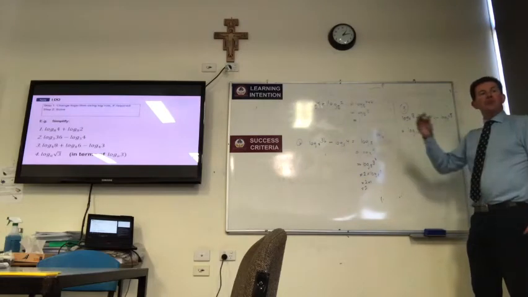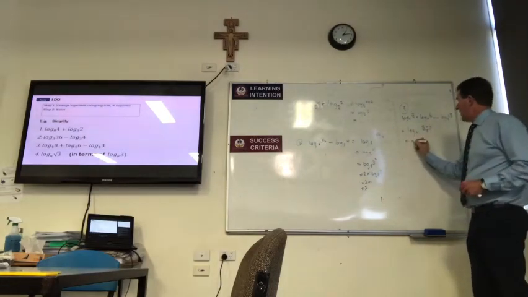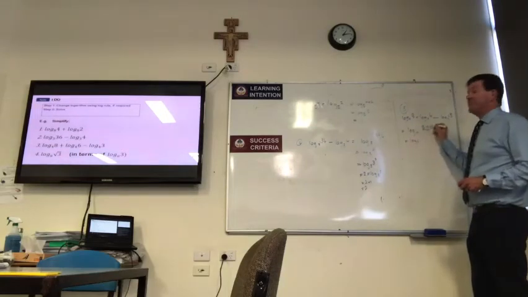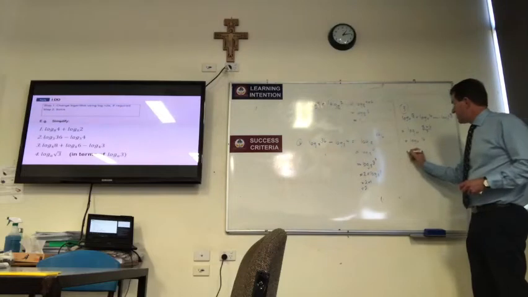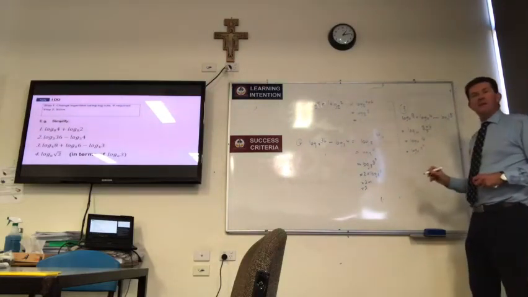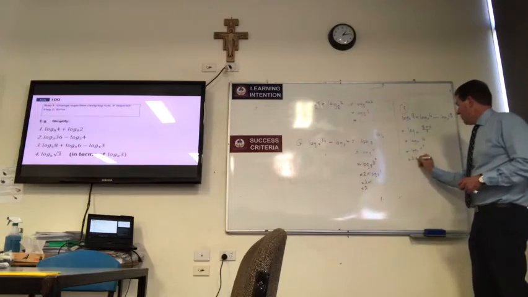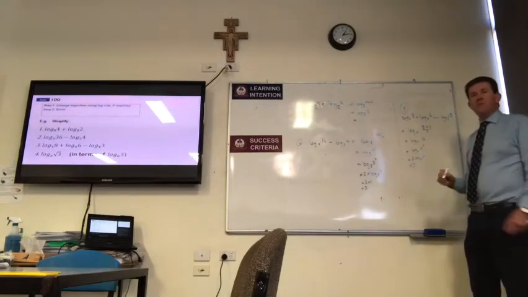So add, I times, minus, I divide. I'm going to get log base 4 of 8 6s are 48, divided by 3 is 16. Change 16 into 4 squared, and then I end up with 2 log base 4 of 4, which is 2 times 1, which is 2.